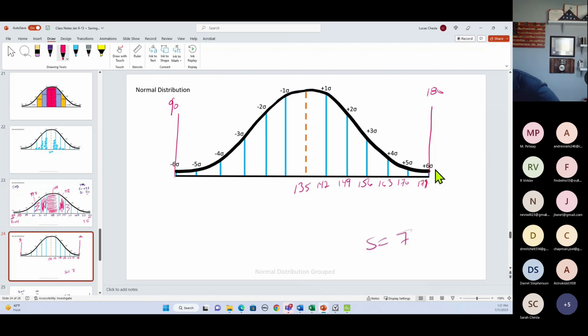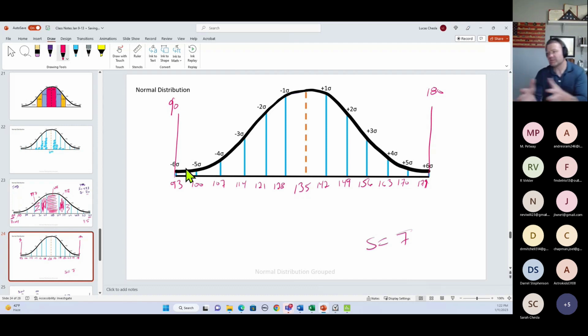And then down here you've got 128, 121, 114, 107, 100, and 93 or something like that.